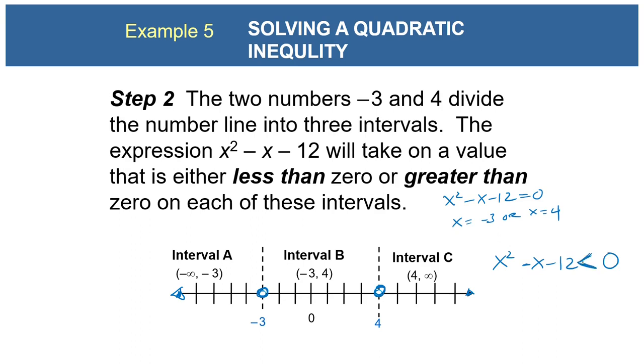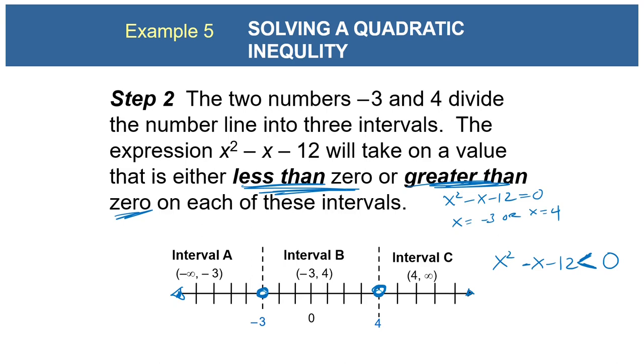So since this is a less than symbol, these are open circles. These are not included. This will cause our quadratic to be exactly equal to 0. So any other place besides negative 3 and 4 has to either be less than 0 or greater than 0, because there's only two places on our graph that it's exactly equal to 0, at negative 3 and positive 4.